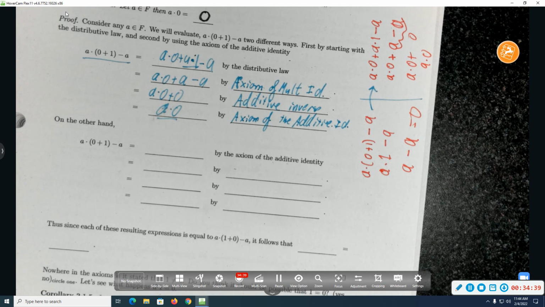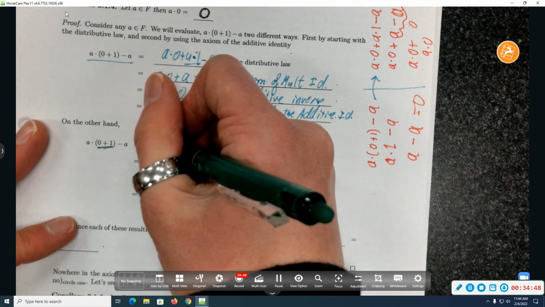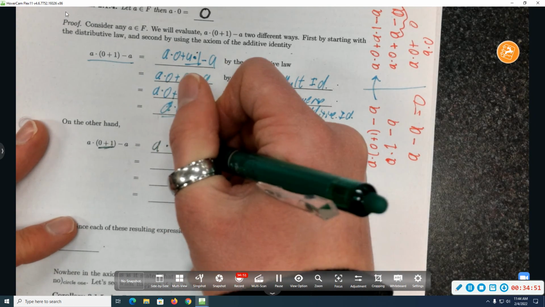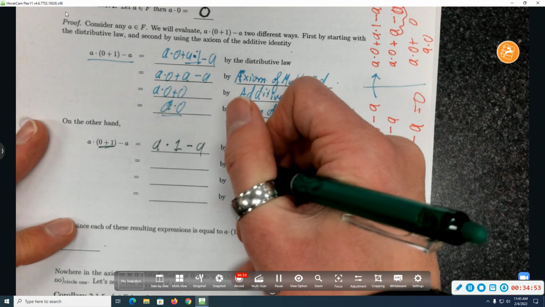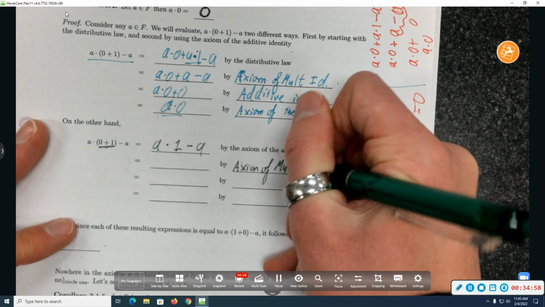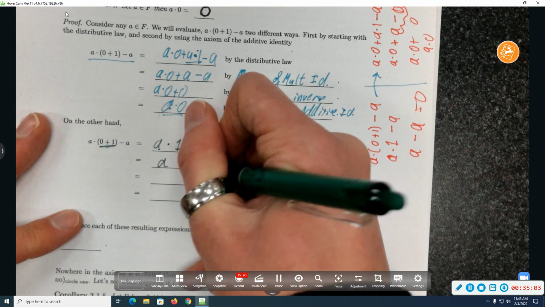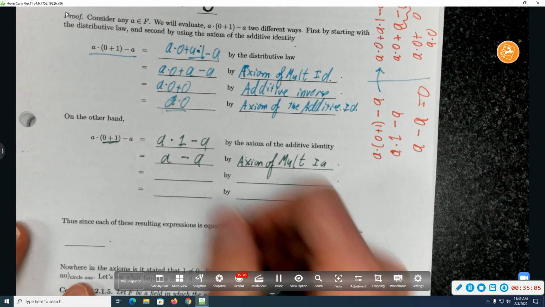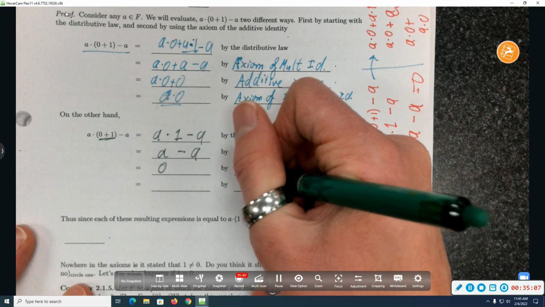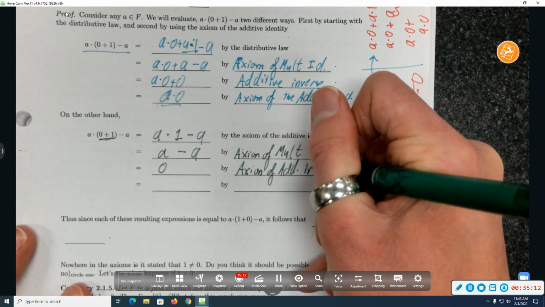All right. And similarly, you would evaluate using the other set of instructions. If you're forced to use the axiom of the additive identity, that thing is 1. A times 1 minus A, by the axiom of multiplicative identity, A times 1 is A, and A minus A is equal to 0 by the axiom of additive inverse.